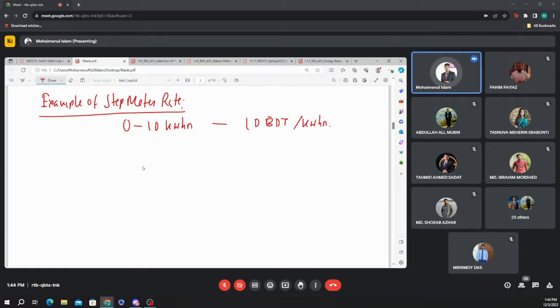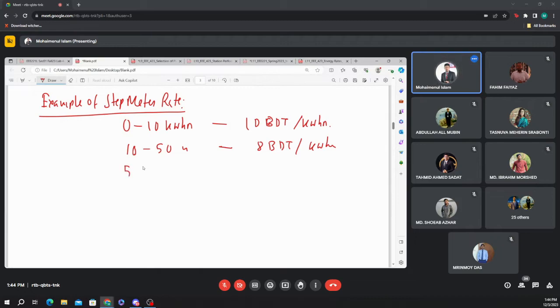If you use 10 to 50 kilowatt hour energy, the price is 8 taka per energy.